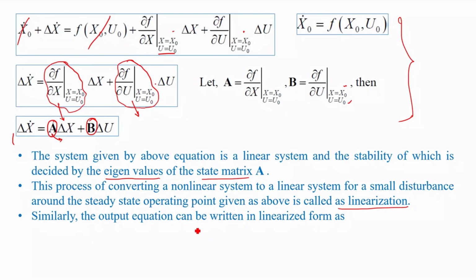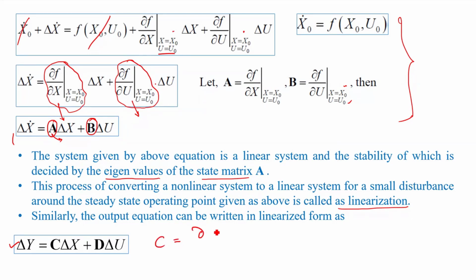Similarly, the output equation can be written in the linearized form. We can also linearize the output equation, and that will look like delta y equal to C delta x plus D delta u. And C will be obviously what?